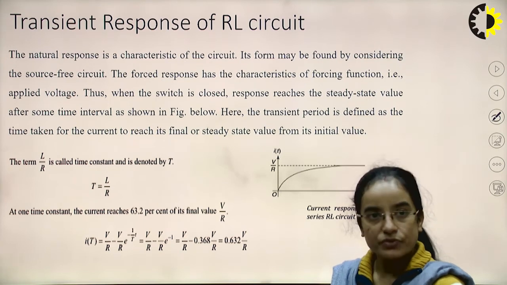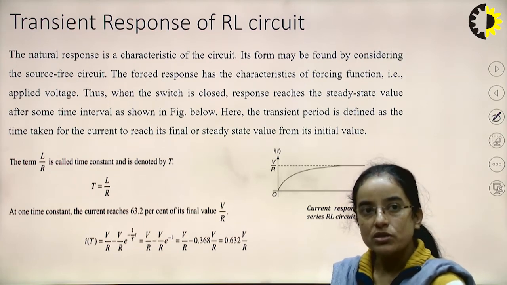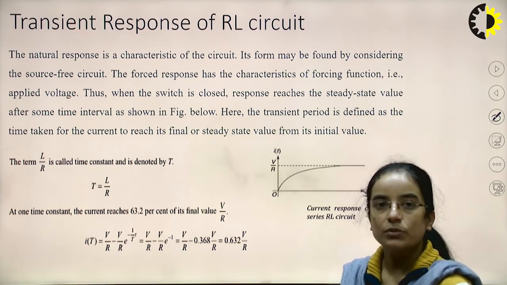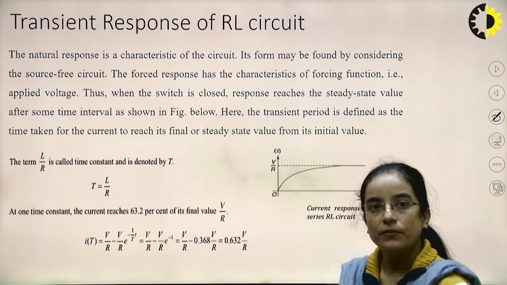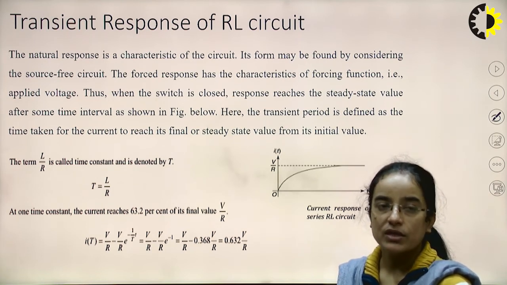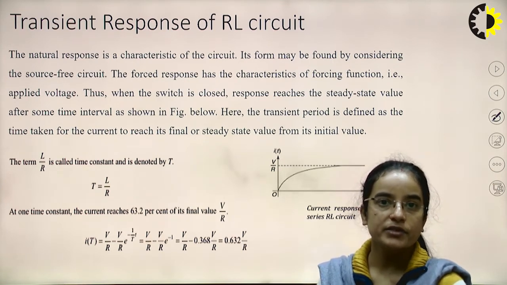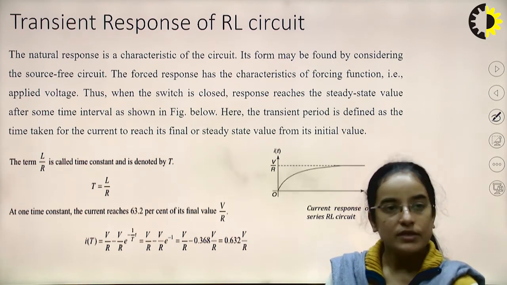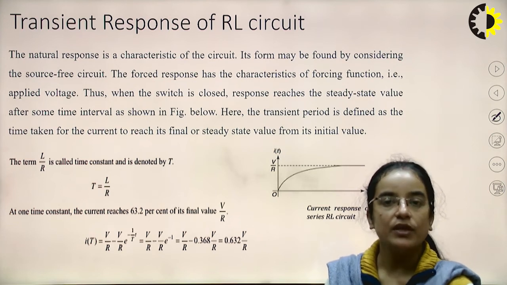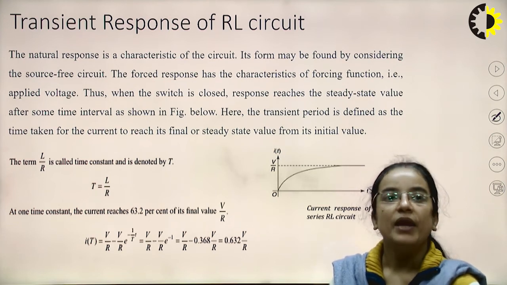So that is the source free circuit. The forced response has the characteristics of the forcing function, that is, the applied source voltage.